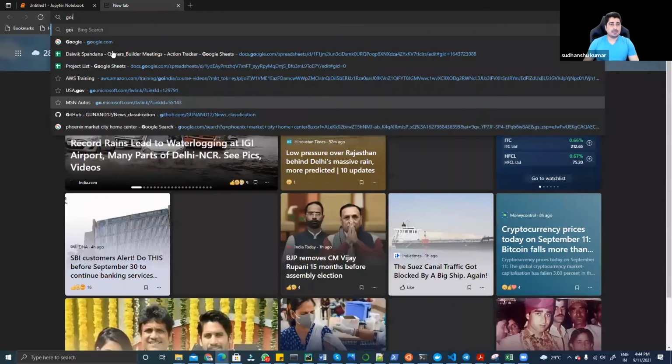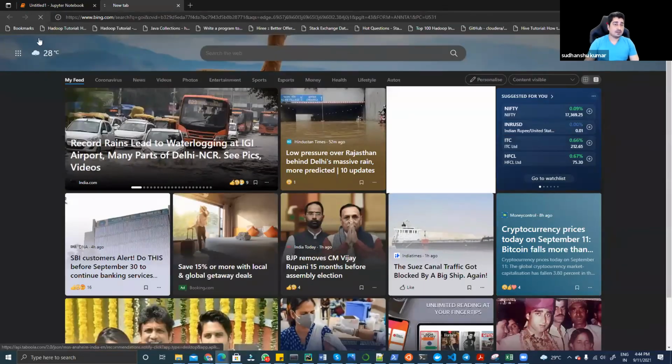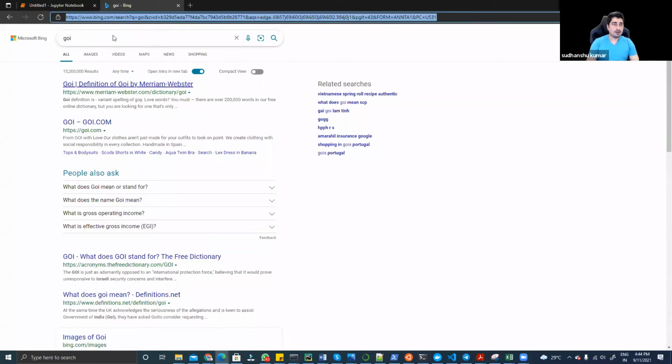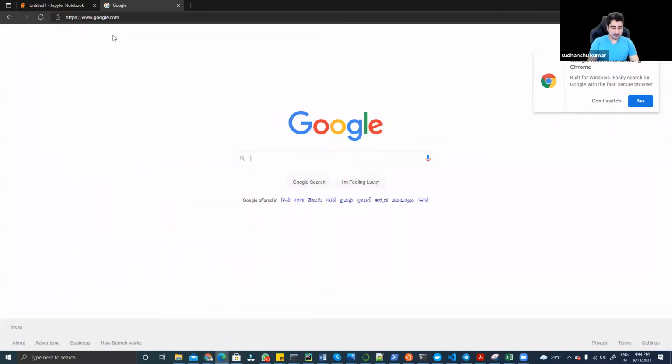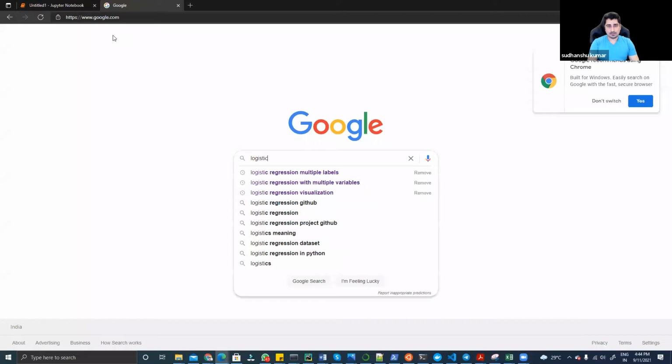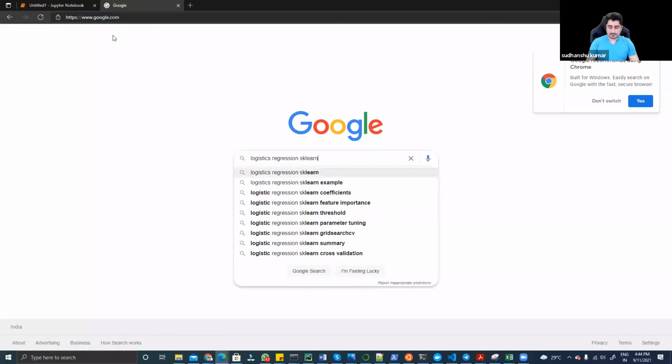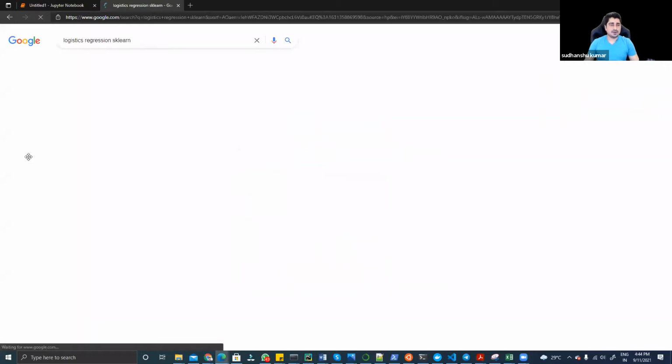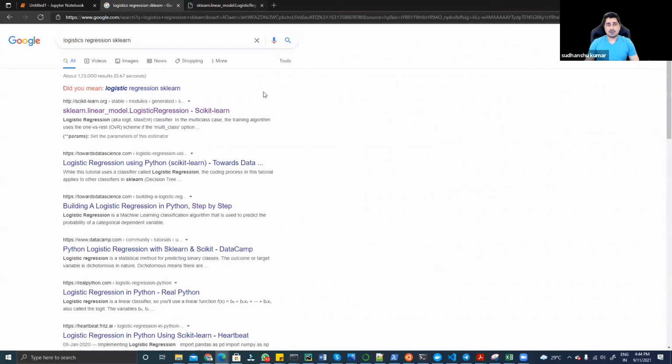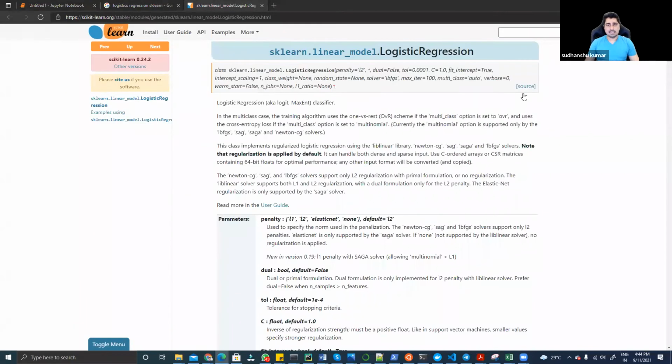So what I will do is maybe I can go to Google and search for logistic regression, sklearn. And here is the complete detail along with the source code, the same detail.